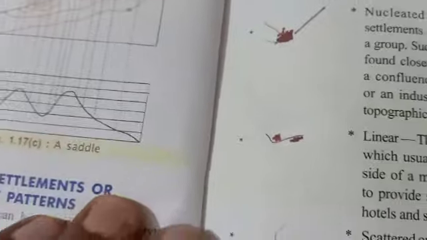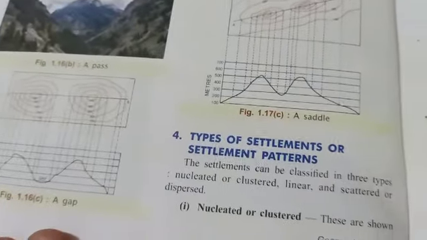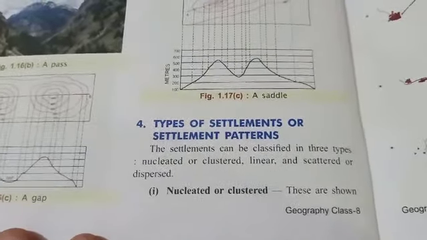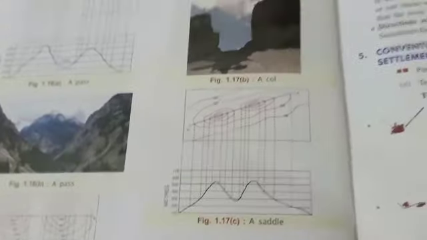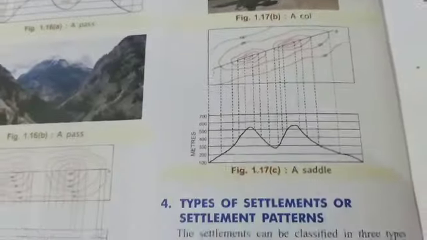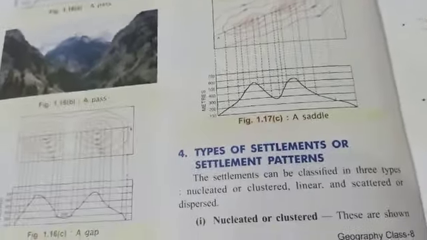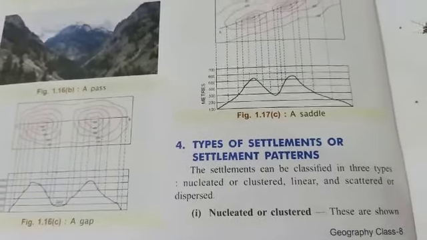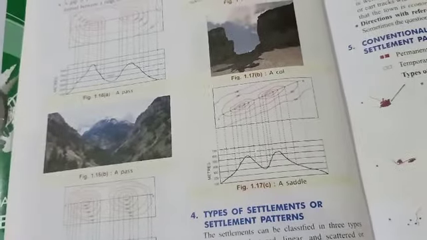So let us start with the types of settlements or settlement patterns. There are different types of settlements. Here we have different types of settlements like nucleated settlements, linear settlements or scattered settlements.